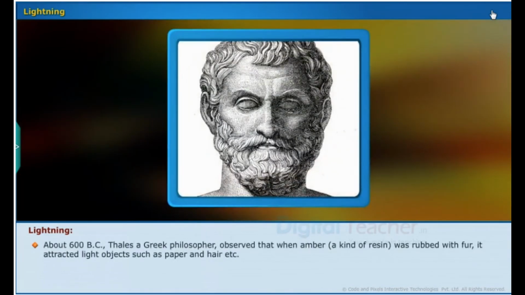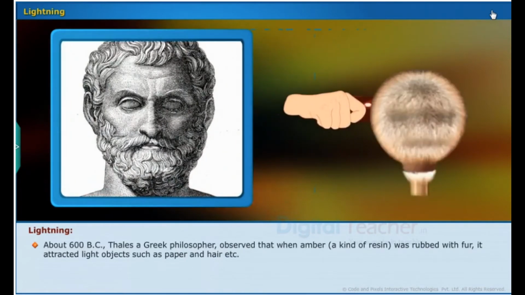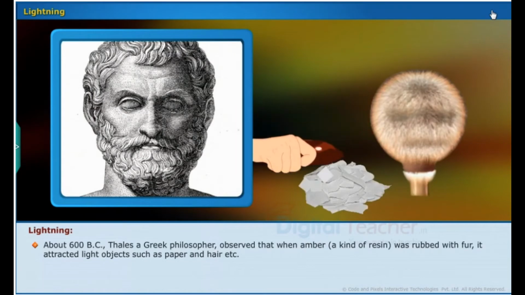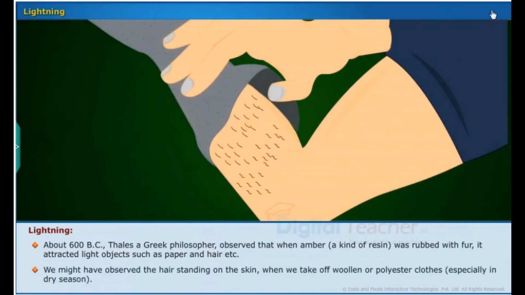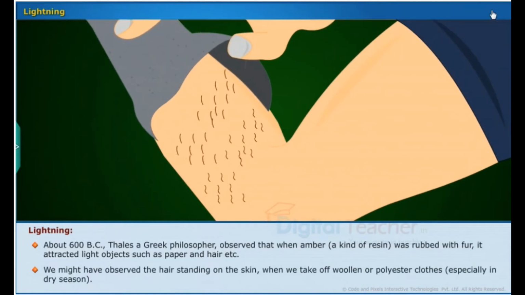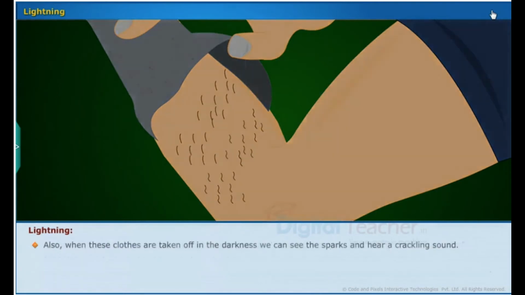About 600 BC, Thales, a Greek philosopher, observed that when amber, a kind of resin, was rubbed with fur, it attracted light objects such as paper and hair. We might have observed hair standing on our skin when we take off woolen or polyester clothes, especially in dry seasons.